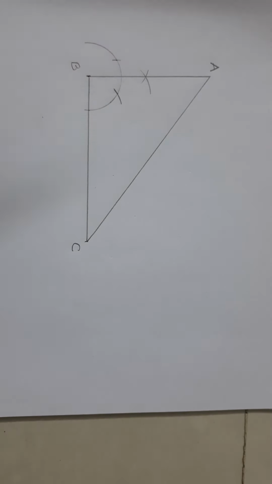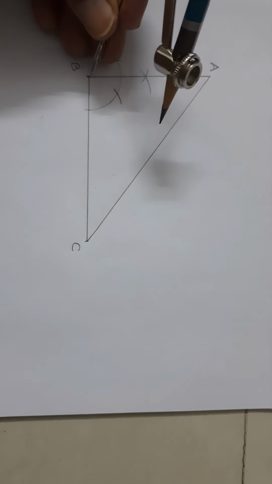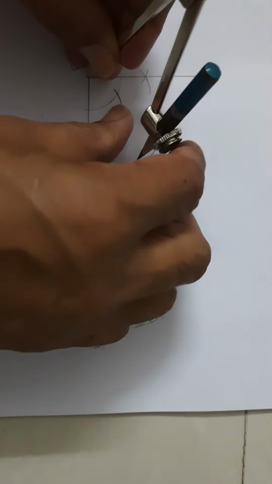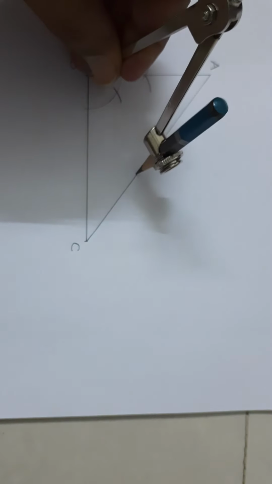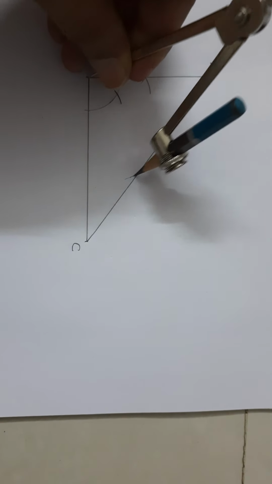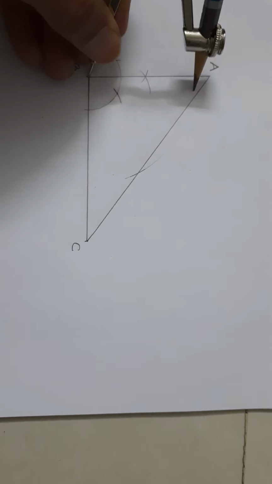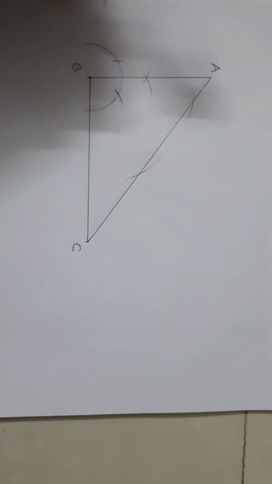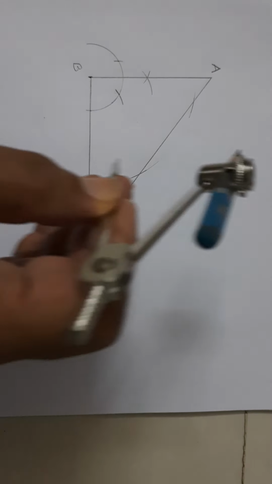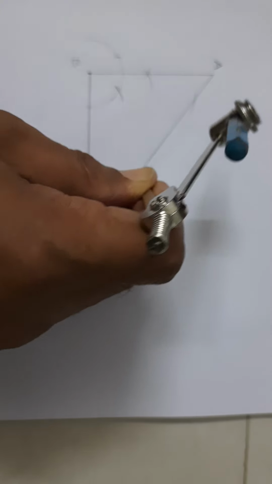So what we do, from B with any radius, I am going to make two arcs. It can be drawn entire, but we will have two arcs only. So I have done. Now we measure this.